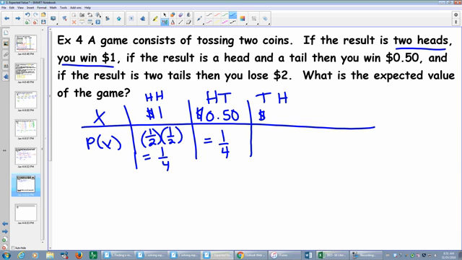And again, that's the same thing. I would win 50 cents. Ben, what's the probability of me flipping a tail and then a head? Good. And then I have here, I lose $2 if I flip 2 tails. So that would be like a -2 if I flip 2 tails. What's the probability, Johnny, of me flipping 2 tails?